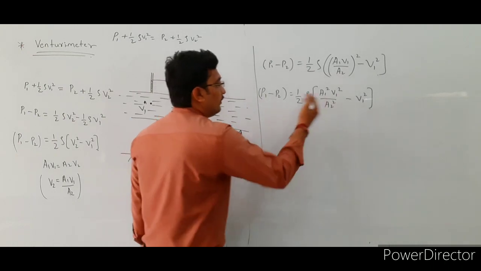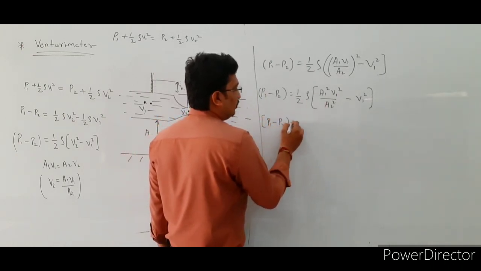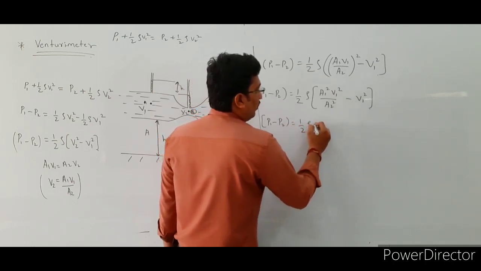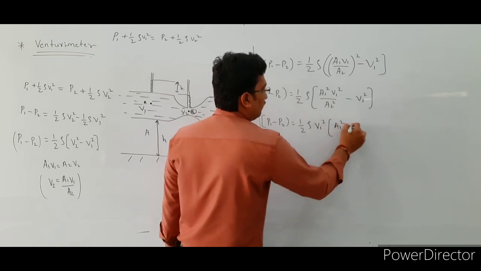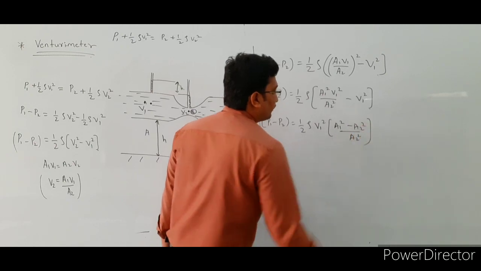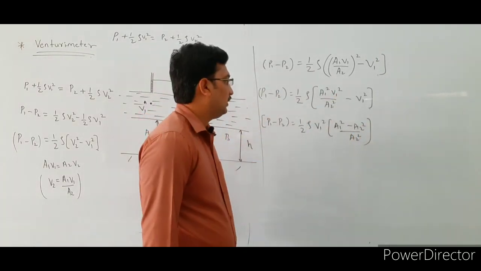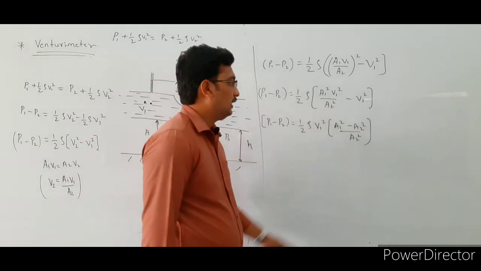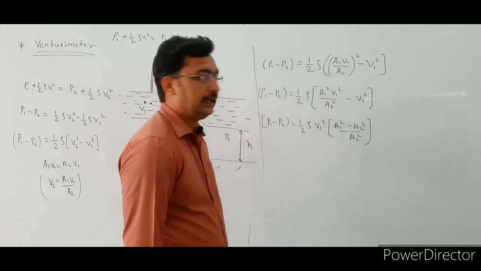So take V1 square as common, then P1 minus P2 is equal to 1 by 2 rho V1 square bracket of A1 square minus A2 square divided by A2 square. Here first we took V1 square as common, afterwards we took the LCM, then it becomes A1 square minus A2 square divided by A2 square.